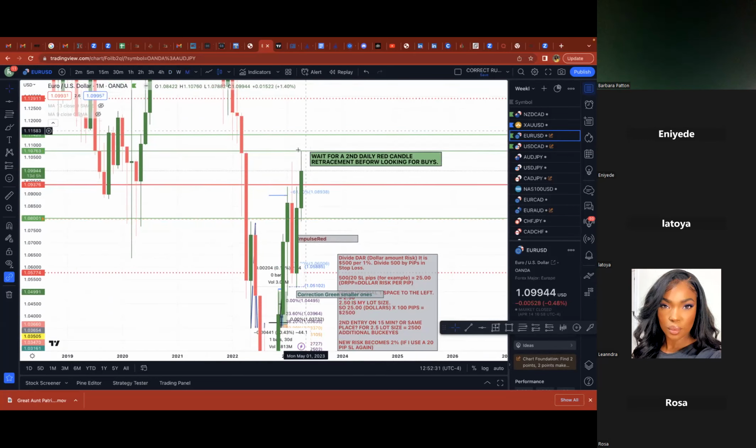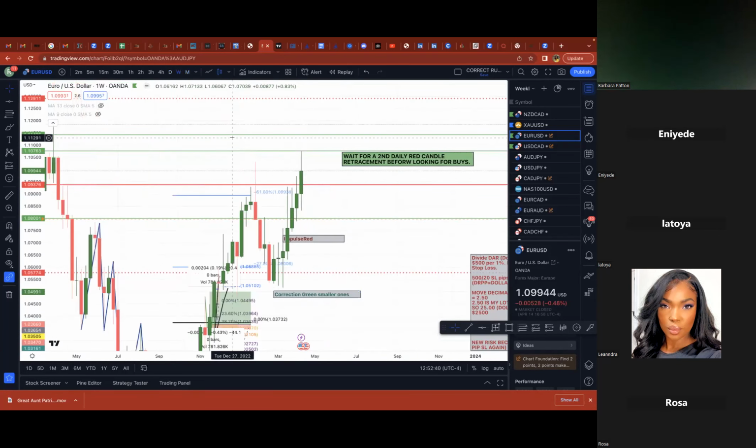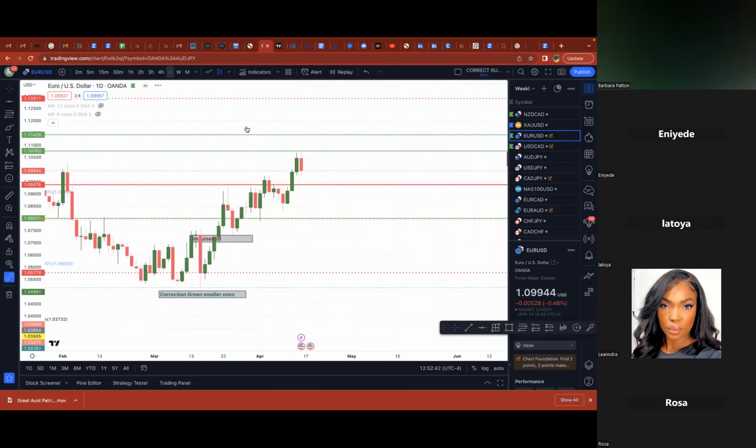So we've got more room up here. We see imbalances, that's our smart money concept confluence. So always start on the daily, look for all green candles, and line up your fib.